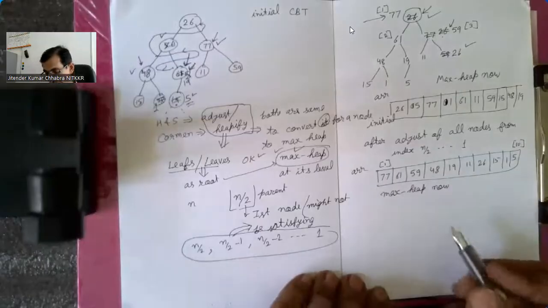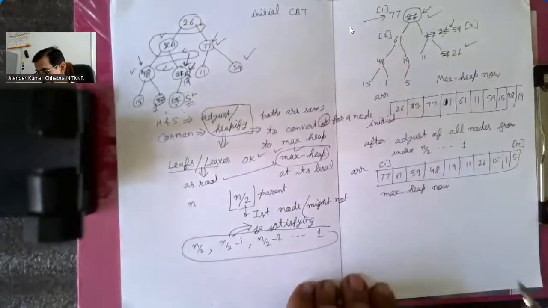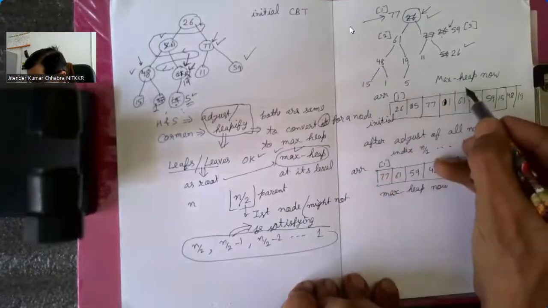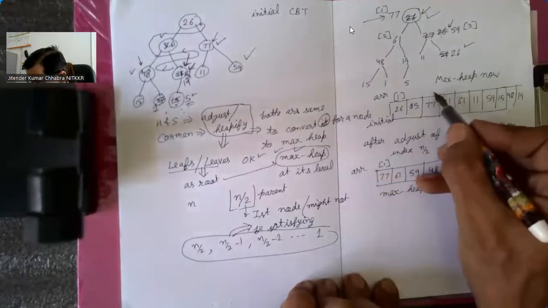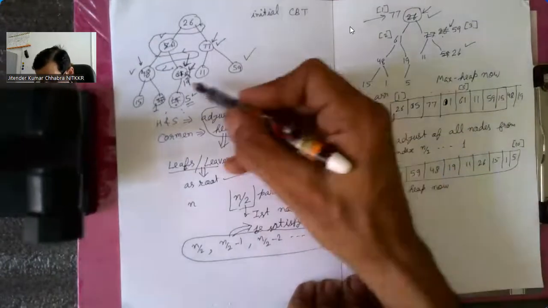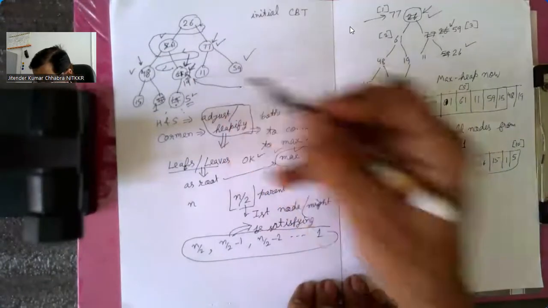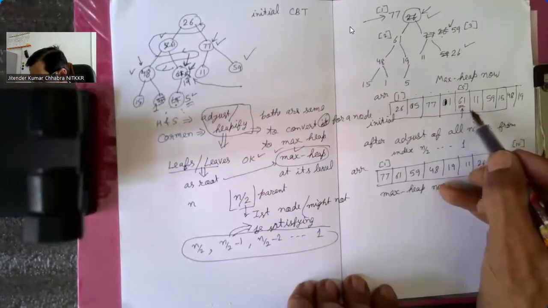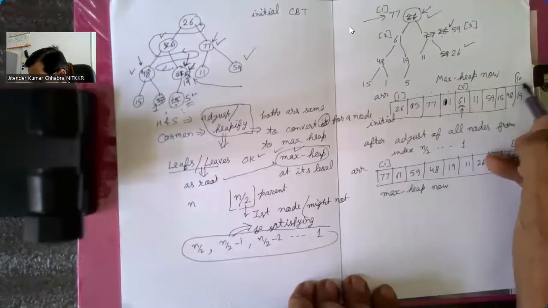So whatever on the tree this side we saw actually happened here. This is node number 1 initially, and this was node number 2, 3, 4, 5. So node number 5 was the first point we started. We said from this point 61 is to be compared with its children.